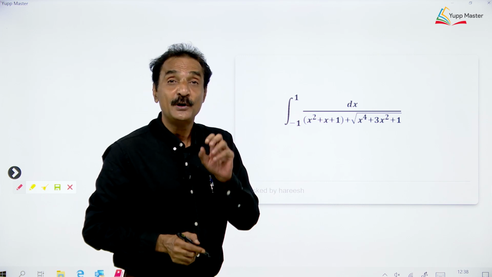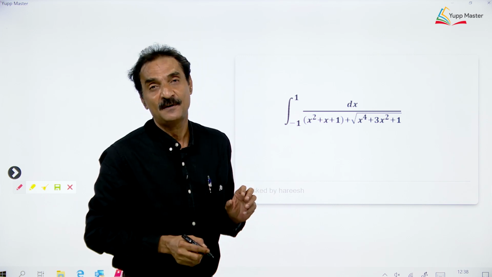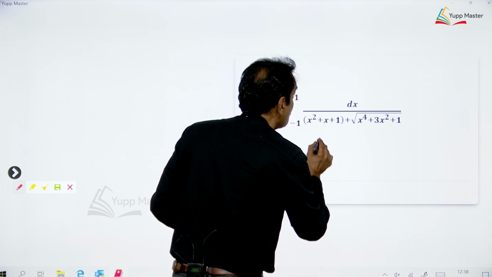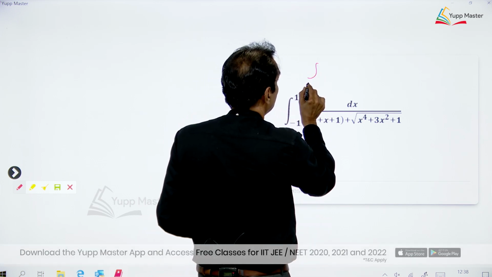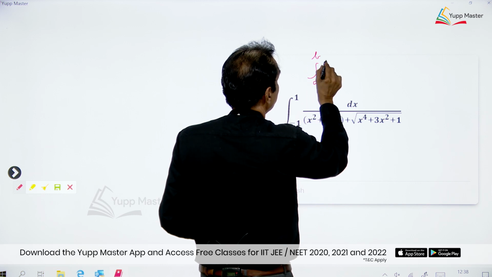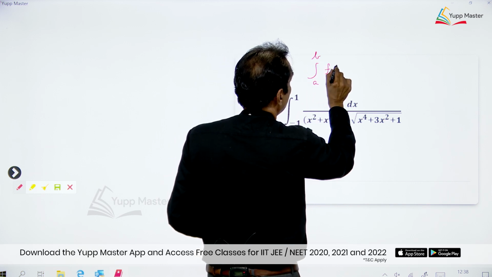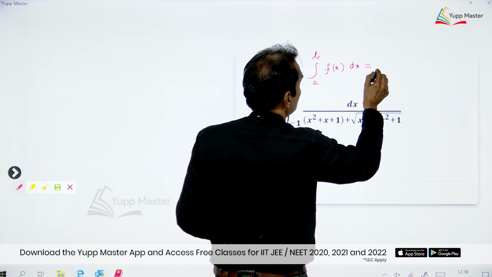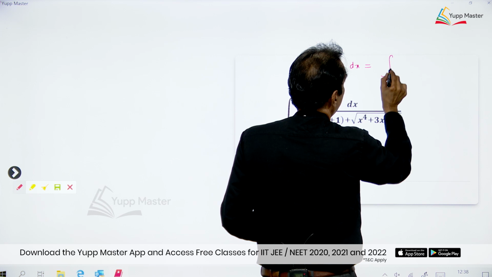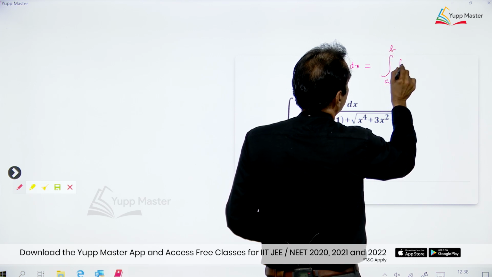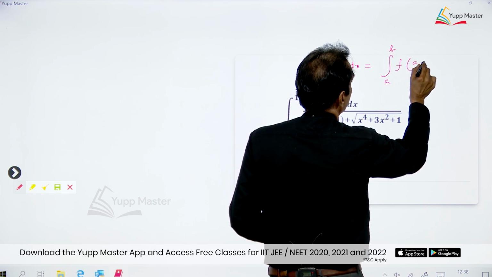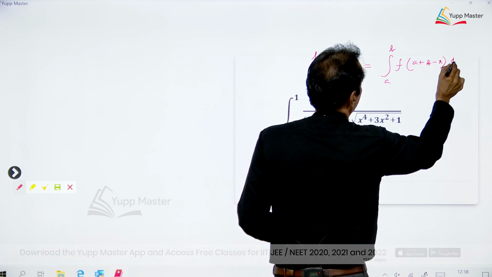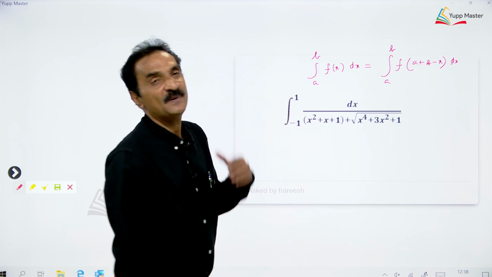then you need to use another property of definite integral. What is that property? Integral a to b f of x dx is equal to integral a to b f of a plus b minus x dx.